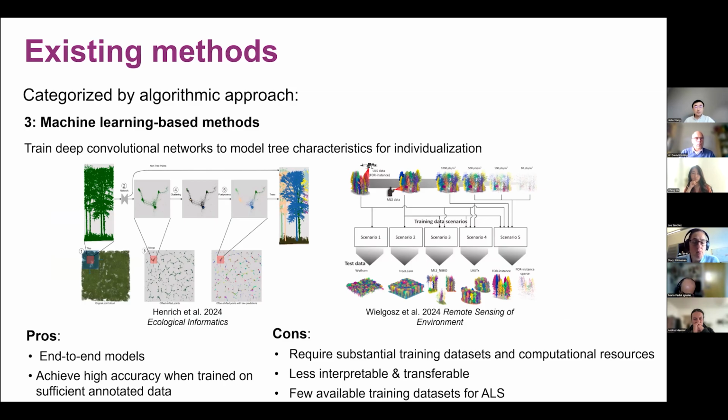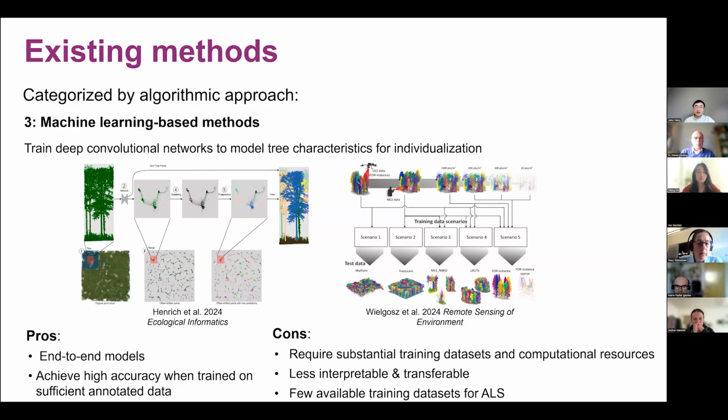Instead of manually crafting rules or criteria, we train the model with thousands of examples, and it learns to identify individual trees, such as the TreeLearn algorithm and the Segment Any Tree model. The pros of those methods are that they can be very powerful. They typically are AI models and can achieve high accuracy when trained on sufficient and high quality annotated data.